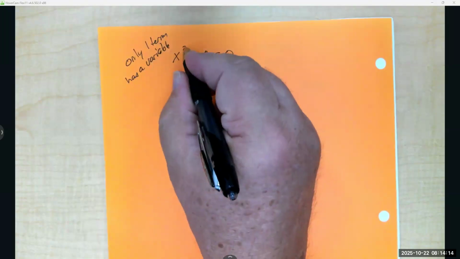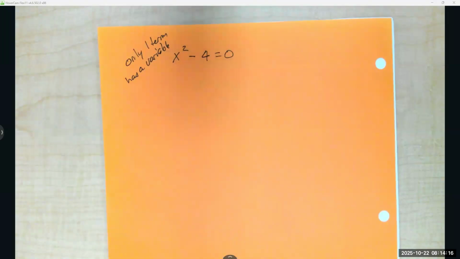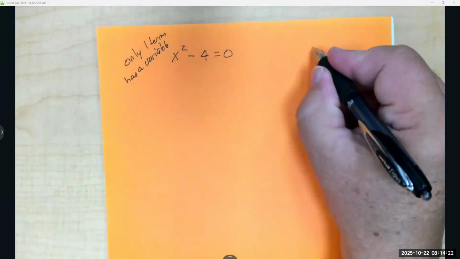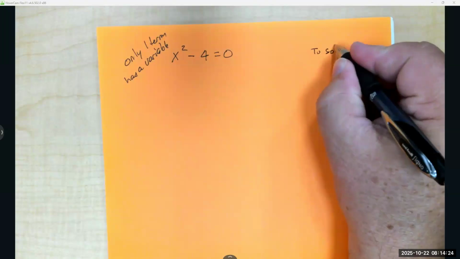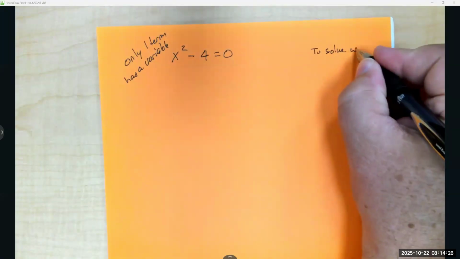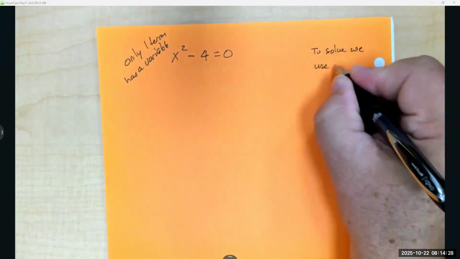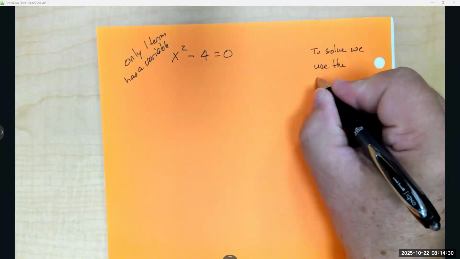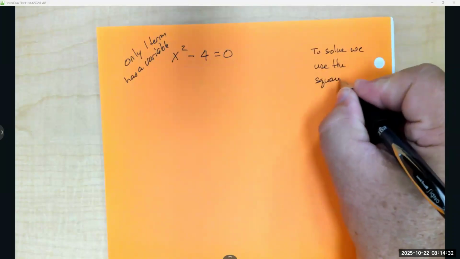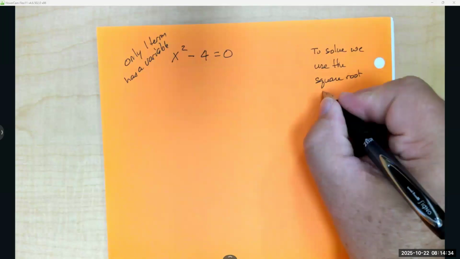And it's usually the term that has the highest exponent. So how do you solve it? To solve, we use the square root method.